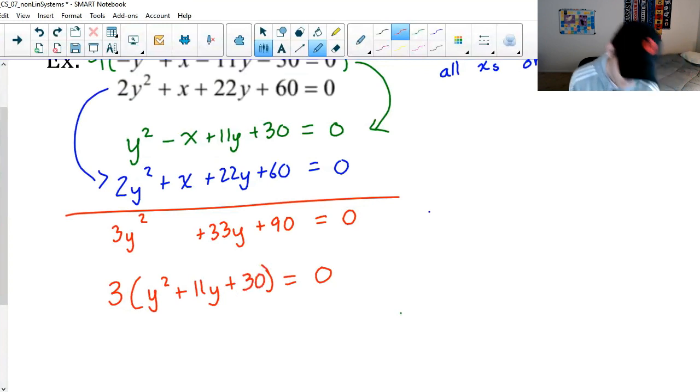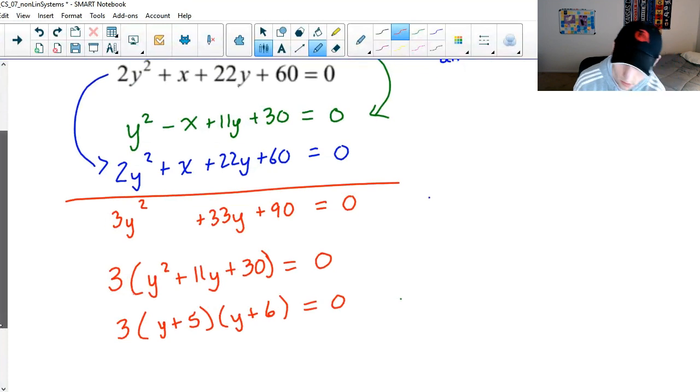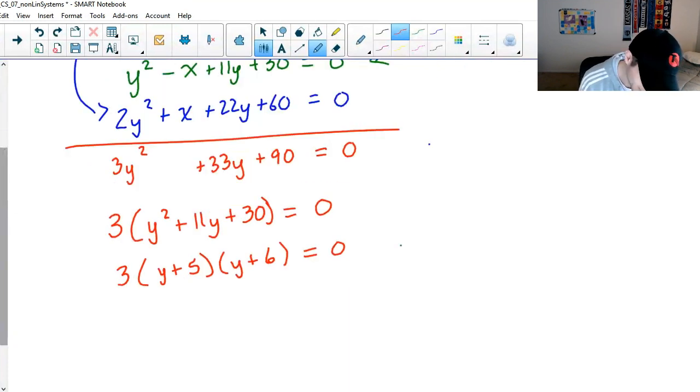Plus 30. I do know math sometimes. Two numbers that multiply to make 30 and add together to make 11. y plus 5, y plus 6 equals 0? Sometimes.